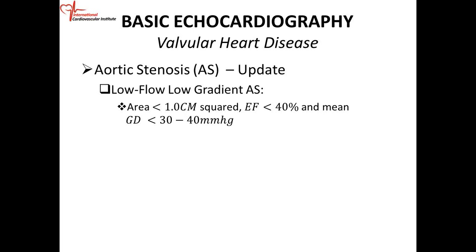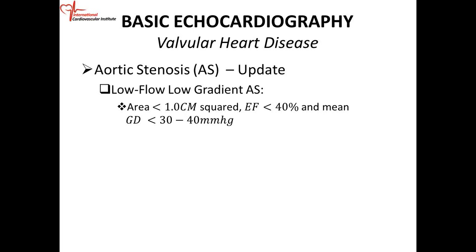So in this group of patients, when we use our continuity equation and calculate the valve area, it comes out to less than 1 centimeter squared. But the gradient is low. And these patients have a decrease in their ejection fraction. So this is a group of patients we describe as low flow, low gradient AS. I would say there's 2 scenarios that can give you this picture.